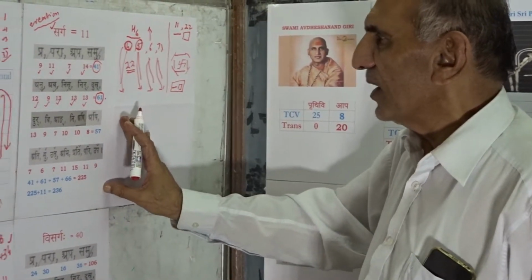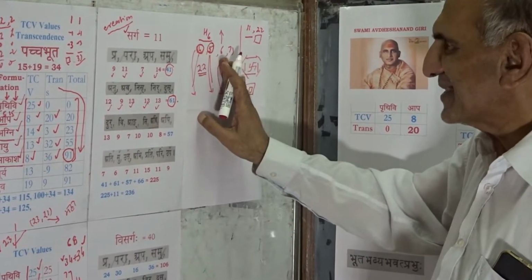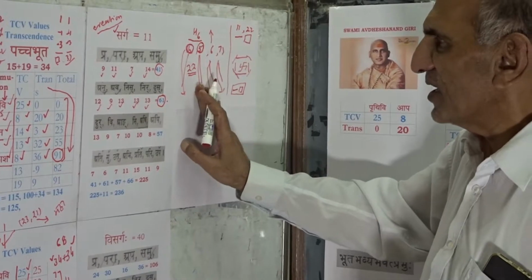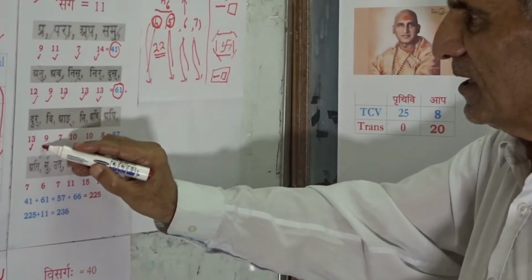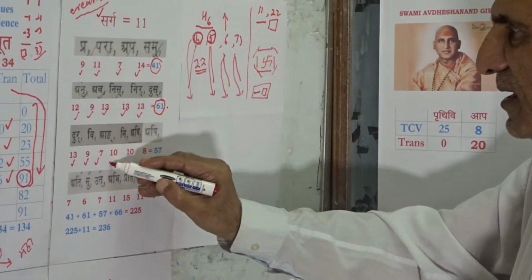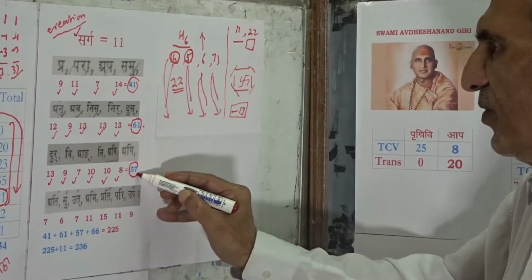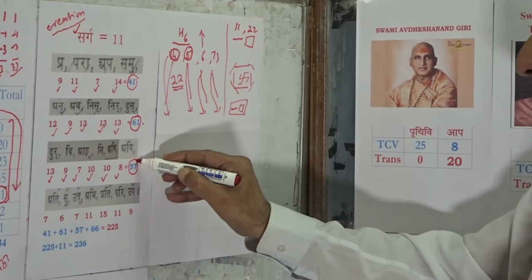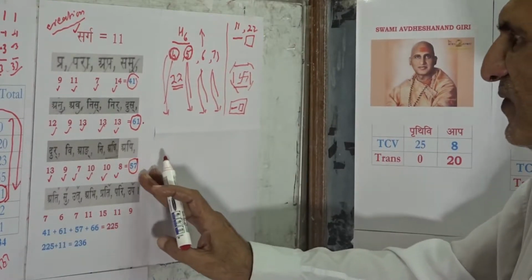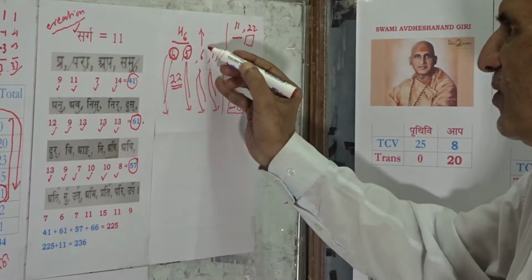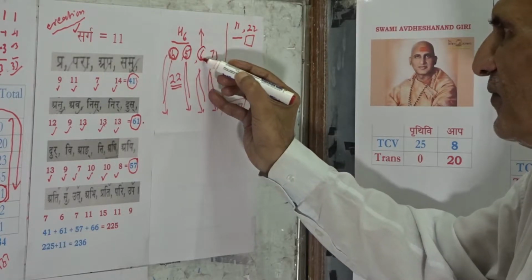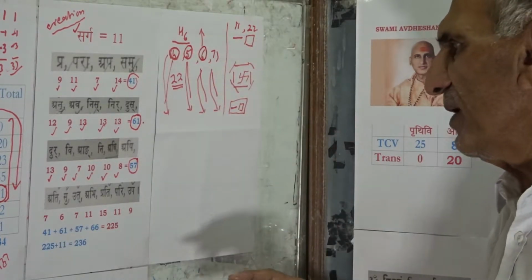The third fold is of 6 steps, 6 phases of creations of value 13, 9, 7, 10, 10 and 8, making it a total value 57. And it is this value 57 which is going to be the value of the third fold, that is the domain fold, that is 6 space as a domain fold.